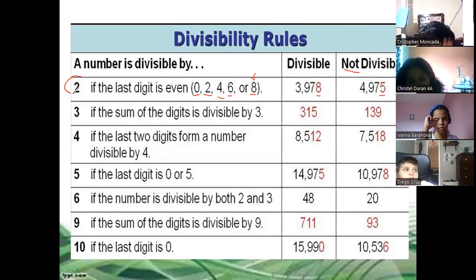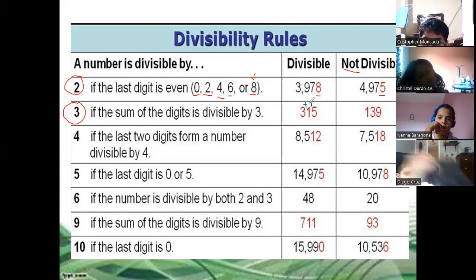This is the first one, divisible by 2. A number is divisible by 3 if the sum of the digits is divisible by 3. Sum means that we're going to add: 3 plus 1, 4, plus 5 equals 9, right?